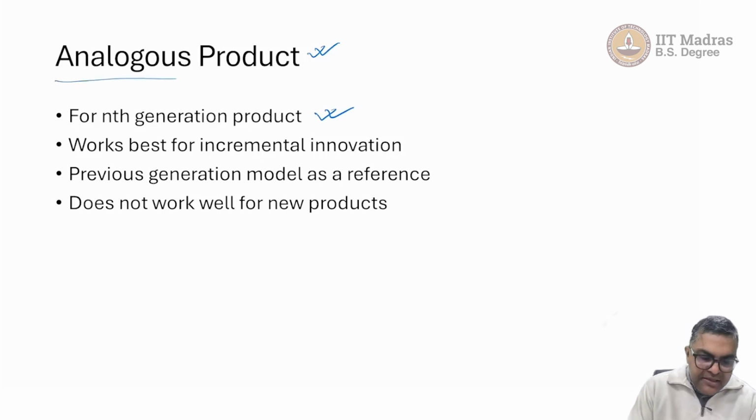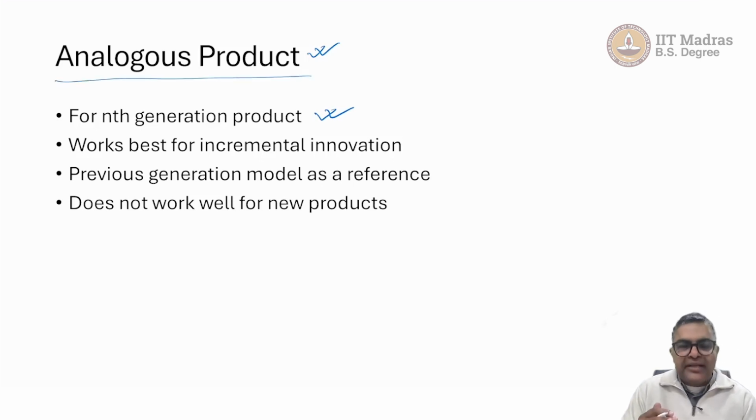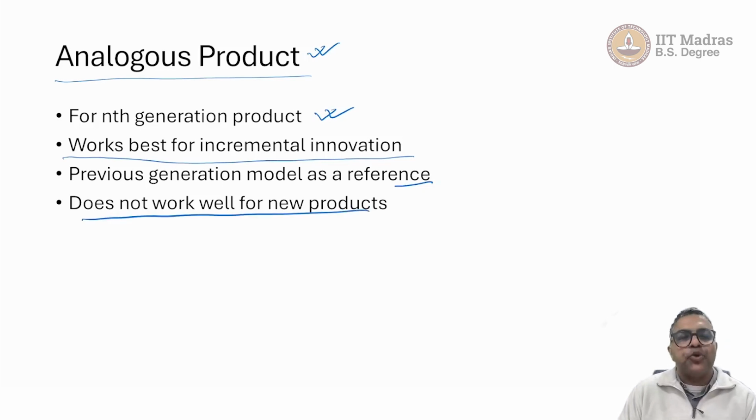So it gives managers a good idea to compare the pricing of the upcoming product based on the pricing and quantity sold for earlier generation products. So it works best for incremental innovation, and the previous generation model works as a reference point. But the problem with this is that it may not work well for a new product. So that's what you should keep in mind.